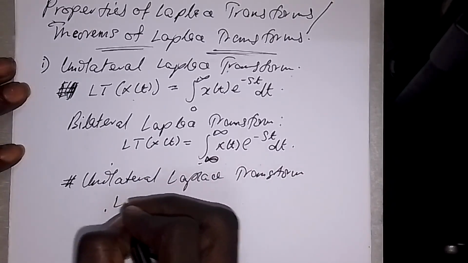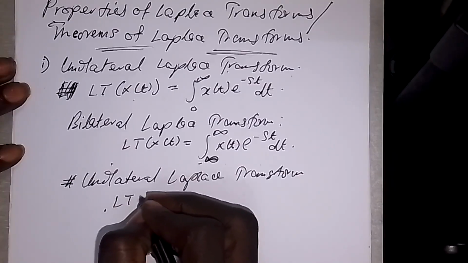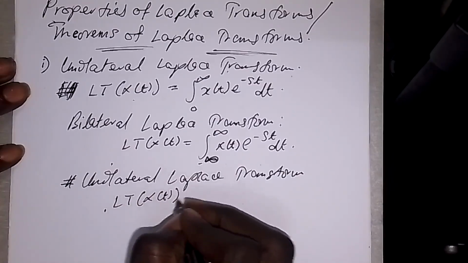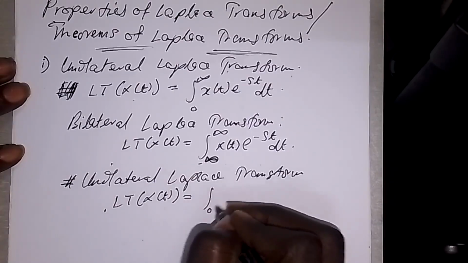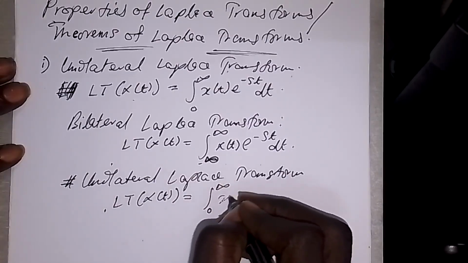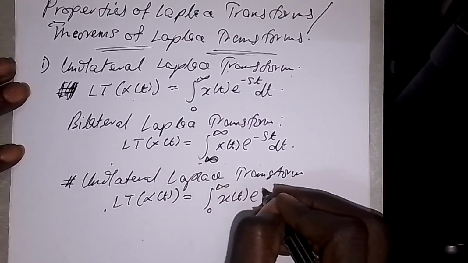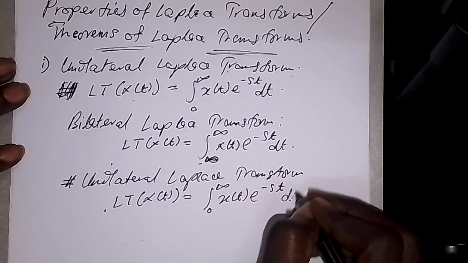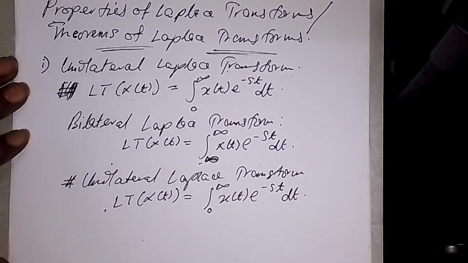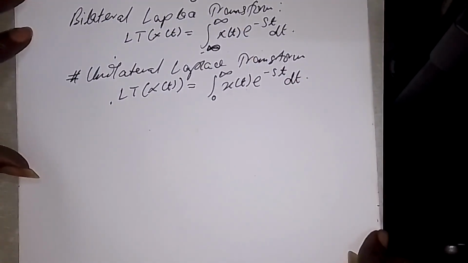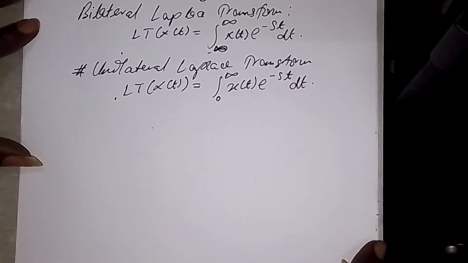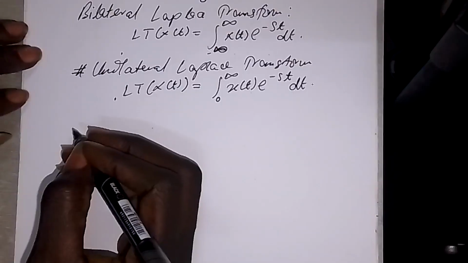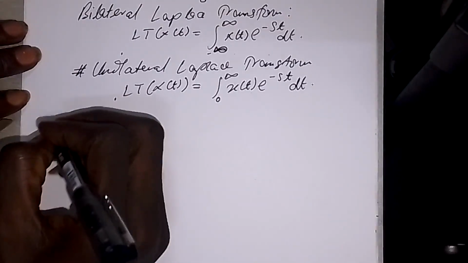The unilateral Laplace transform of x of t is equal to the integral from 0 to infinity of x of t times e to the minus st dt.